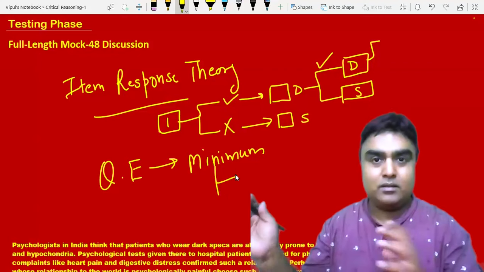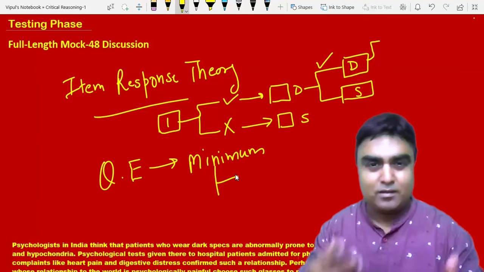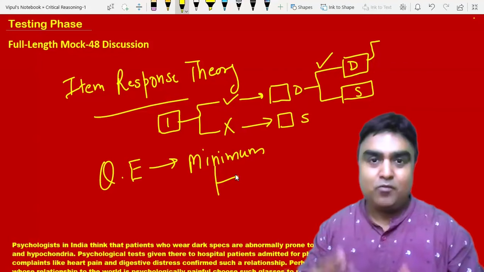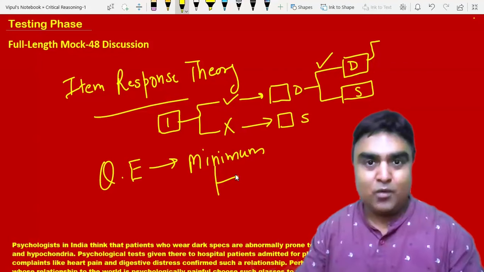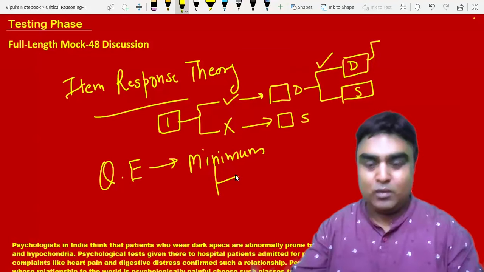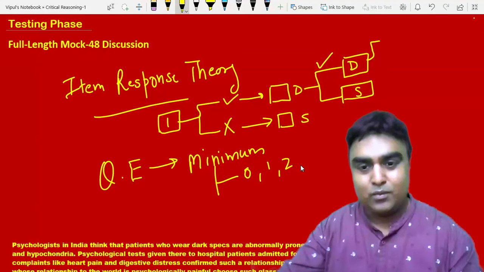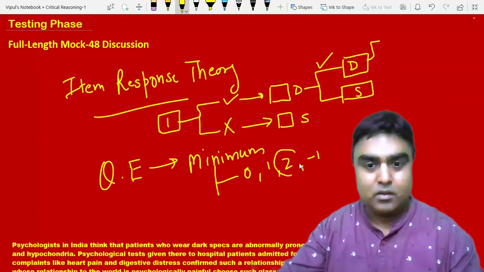Now, right from childhood, from my 6th or 7th standard, what we are taught is quadratic means two roots. Quadratic means two roots. We have a habit of marking the root as 2. So the answer options may have 0, 1, 2, or maybe minus 1. Now, 99% of people will mark 2.